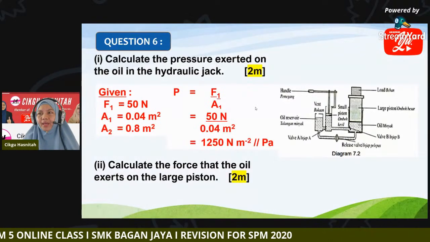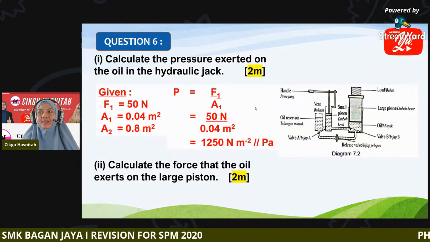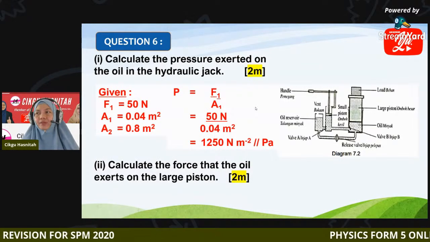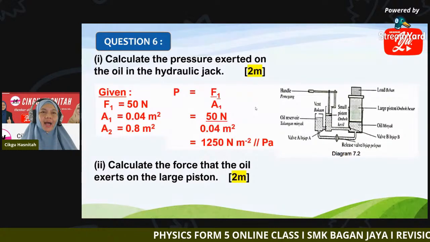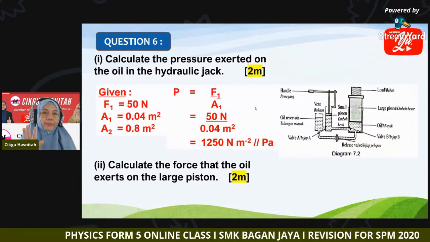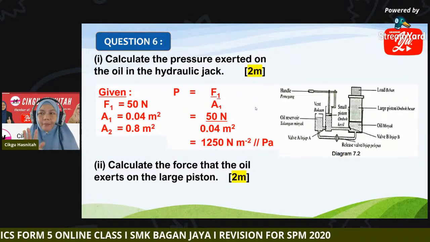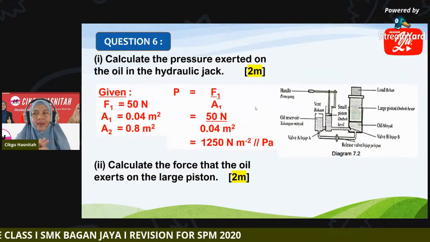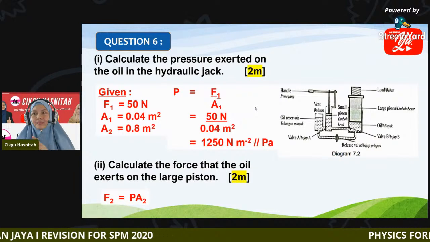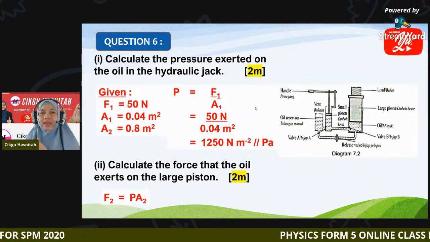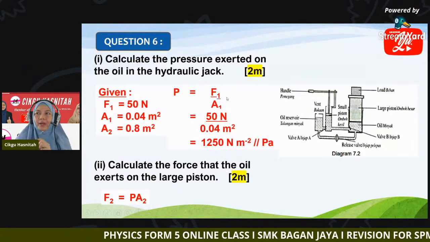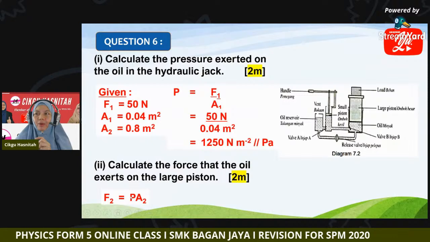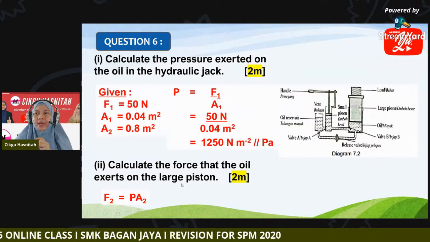Second, calculate the force that the oil exerts on the large piston. How much force is produced on the large piston? We can use the same equation as the previous one. P equal to F1 divided by A1, so here P equal to F2 divided by A2.